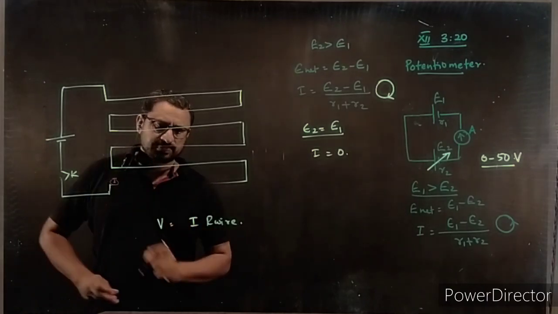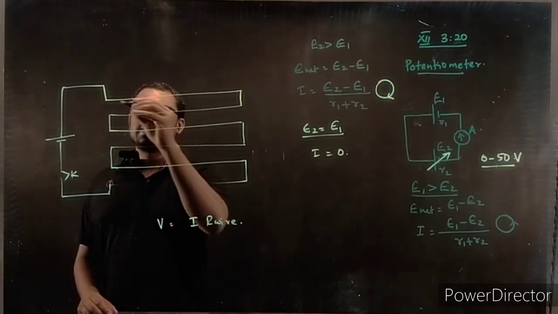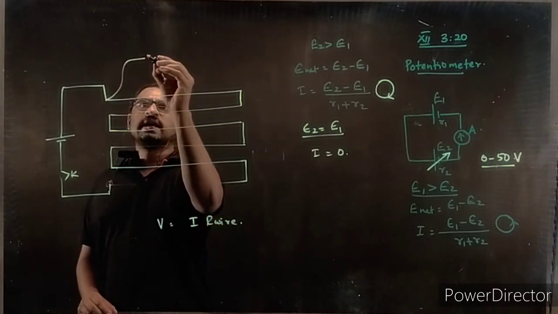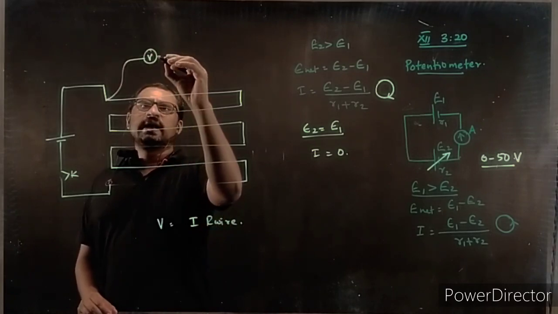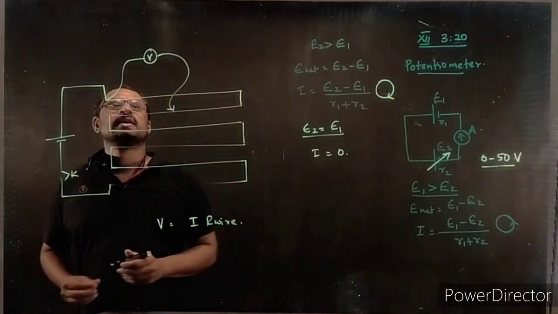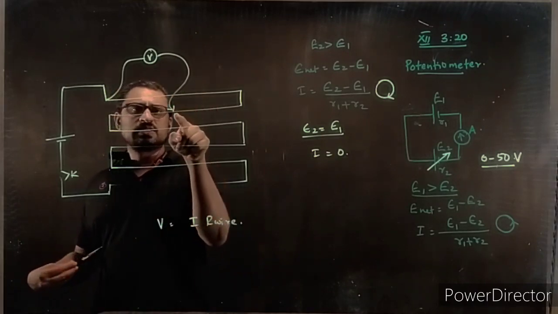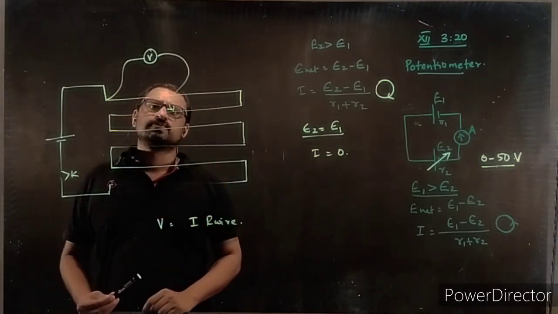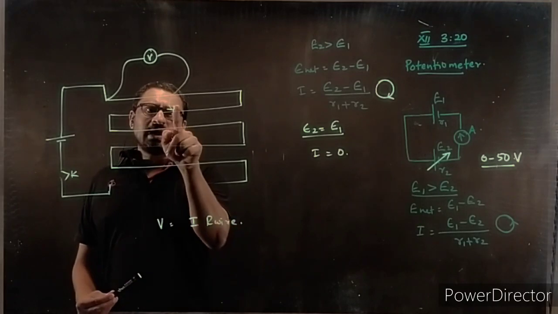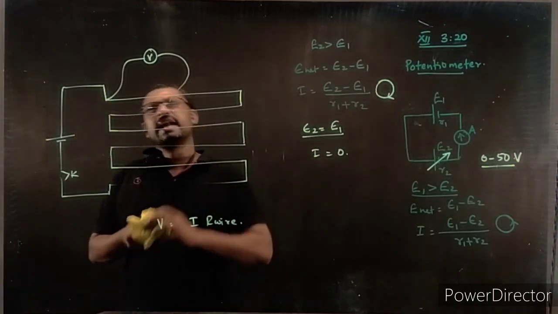Now, suppose you want to measure the potential difference. Suppose you have a voltmeter and a jockey. Suppose you are moving the jockey and it is at this position now.